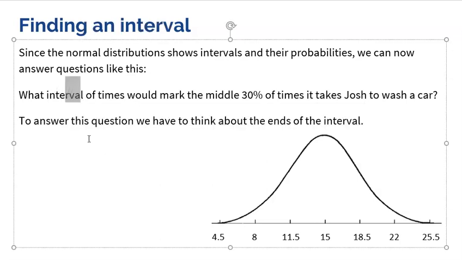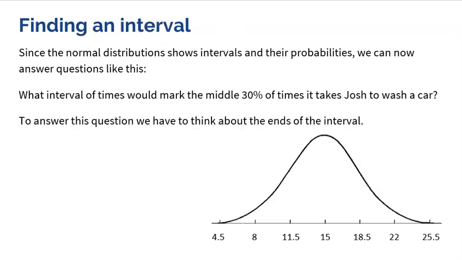So to answer this, I really have to think about the interval. I have to think about the ends of the interval. So if I think about the times it takes Josh to wash his car, here's 0 all the way to 100%, right? I'm talking about probability here. We're looking for the middle 30%. Now, what I have to understand is, the middle 30% leaves 70% on the outside.